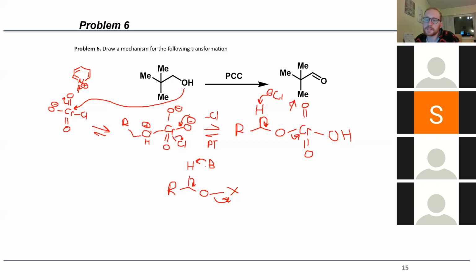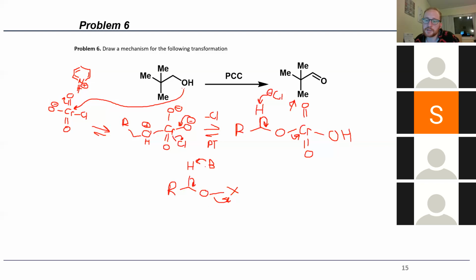So this is like an E1cB-type process wherein an attack occurs and it forms a well-defined intermediate, similar to how in many reactions we also form a tetrahedral intermediate. In this case, it's not tetrahedral, it's 1, 2, 3, 4, 5, like bipyramidal. But this is a defined intermediate, then the chloride is ejected.